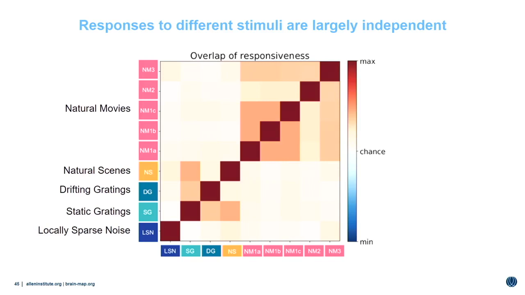Remember, locally sparse noise is the dark and light spots. These are the things we thought would measure the receptive field, which would be a good first order description of the response. Instead, it tells us nothing about whether a cell responds to natural scenes or drifting gratings or anything like that. And similarly, if I say something responds to some movie, doesn't tell me anything about whether it responds to the drifting gratings, static gratings, etc.